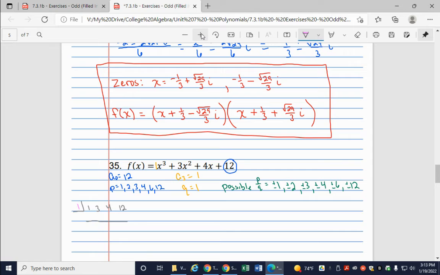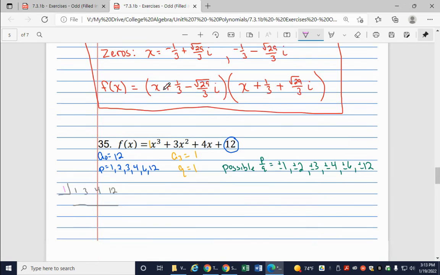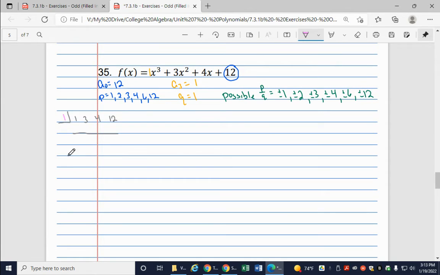I'm going to zoom this in just a little bit so y'all can see what I'm doing here. 1 times 1 is 1. 3 plus 1 is 4. 1 times 4 is 4. 4 plus 4 is 8. 1 times 8 is 8. And 12 plus 8 is 20. So that doesn't work.